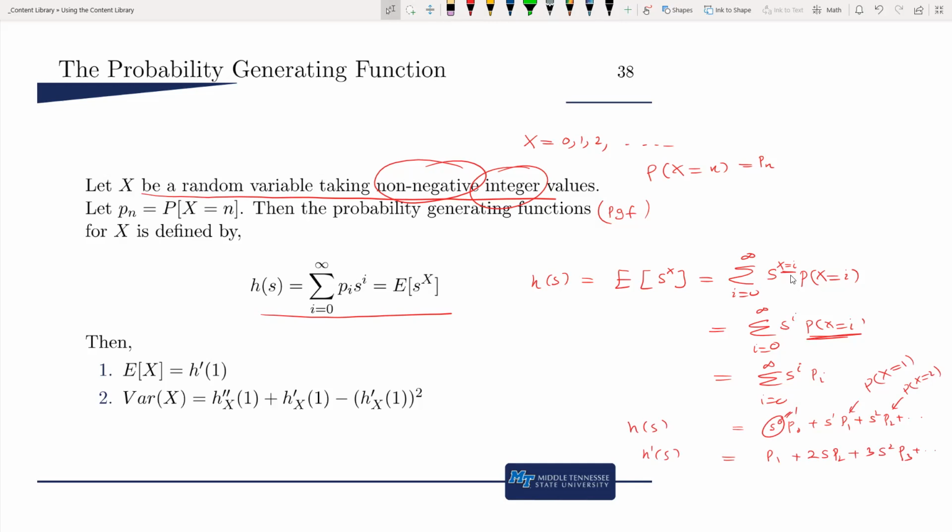Now, if I set s to 1, it's going to be p_1 plus 2 times p_2, 3 times p_3, and so forth. This looks like x times the probability that X equals x, in this case 1 times p_1, 2 times p_2, so forth. So this is the expected value of X. That's the first result.